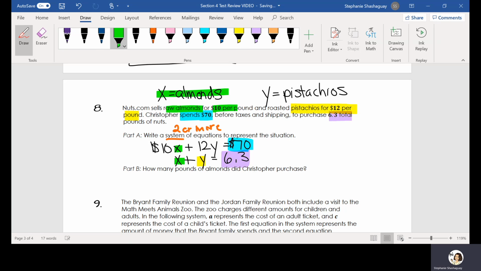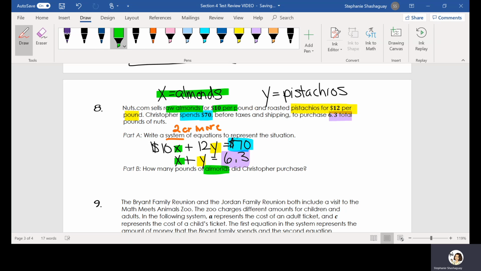So this is just like an equation that we did in our notes the past couple weeks. So in order to solve this, we have to find how many pounds of almonds that Christopher purchased. So we're looking for the almonds. So we're looking for our X. They didn't ask us about the pistachios, so we don't really even have to find Y for this equation. We just have to identify the almonds.